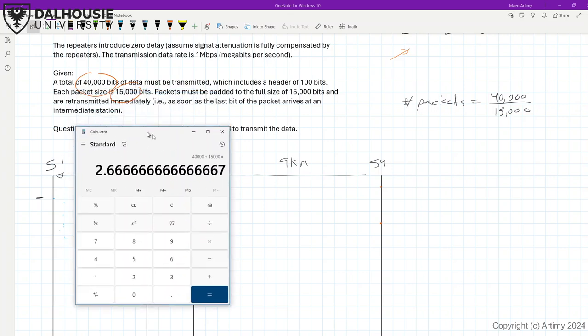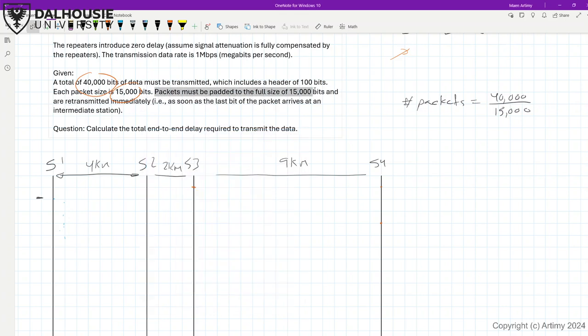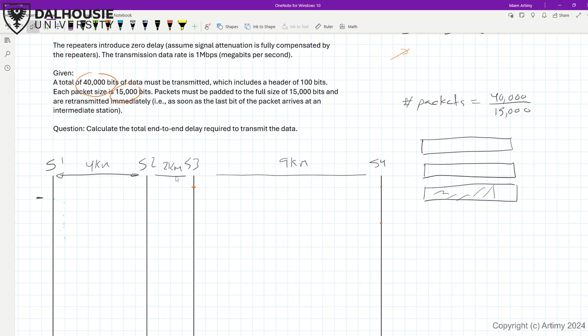But here it says that the packets must be padded to a full size, which means that if I take the 40,000 and divide them, we will end up with one full packet, another full packet, and one packet that has some data, but I'm still going to fill it with zeros or any other random numbers, so that we end up with 15K each, right?